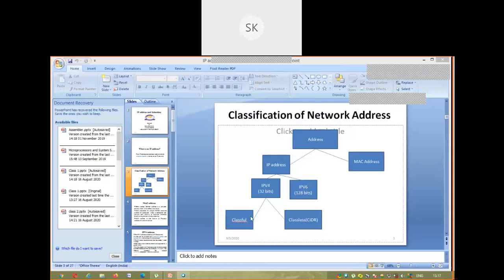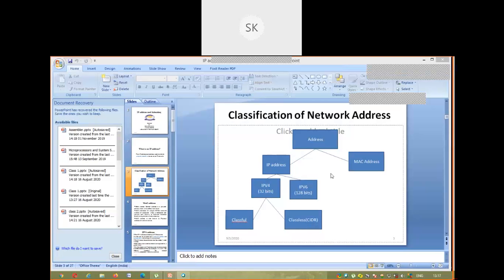And IPv4 is again classified into two categories. One is classful address and another one is classless. We'll later discuss this classless in detail: Classless Inter-Domain Routing (CIDR).